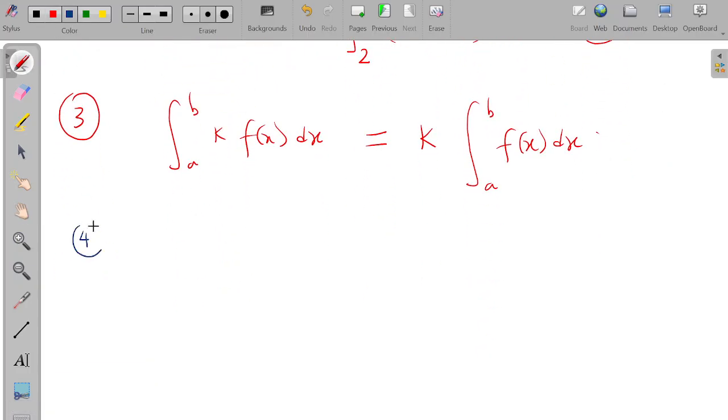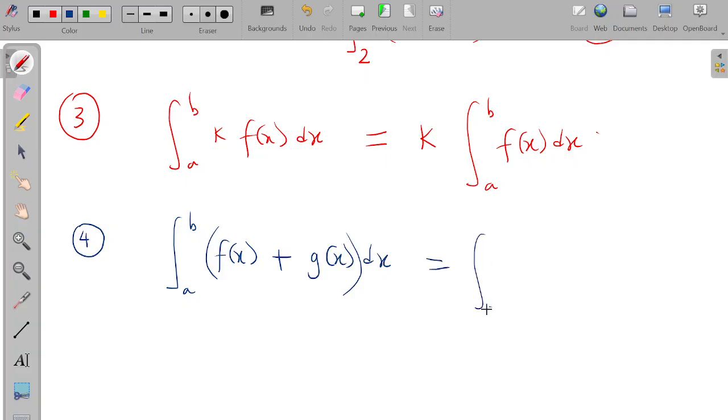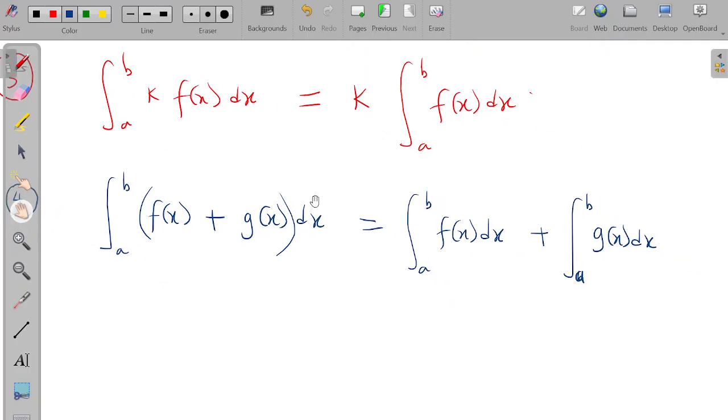All right, number 4, if we're integrating from A to B of a function plus another function, it is the same thing as integrating each of the functions separately and then adding them together. The same thing goes for subtraction.